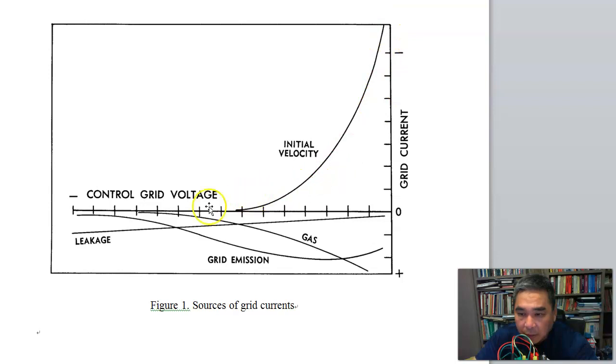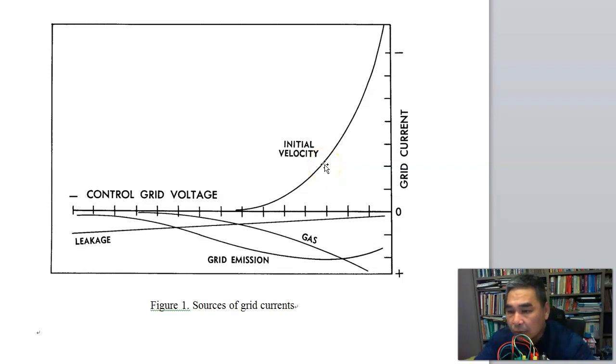The first one is the initial velocity. I believe this is caused when we heat up the cathode by the heater: the electrons emitted from the cathode will hit the grid. So at a very low negative grid bias, we'll see a lot of this grid current caused by the initial velocity.